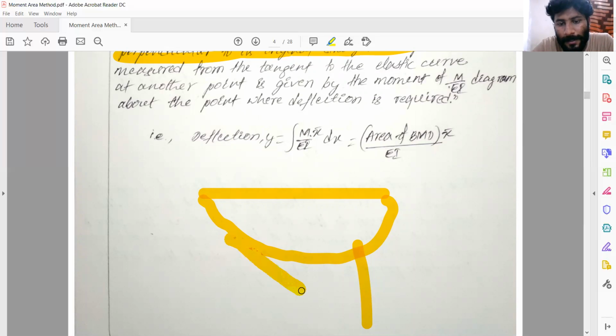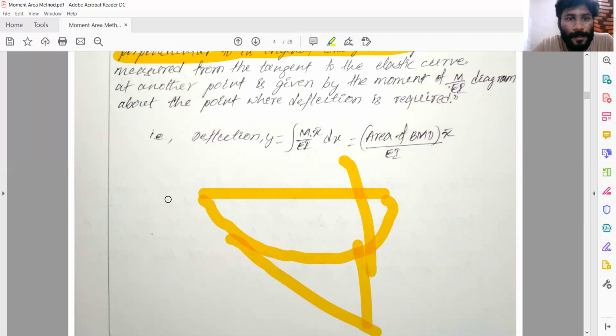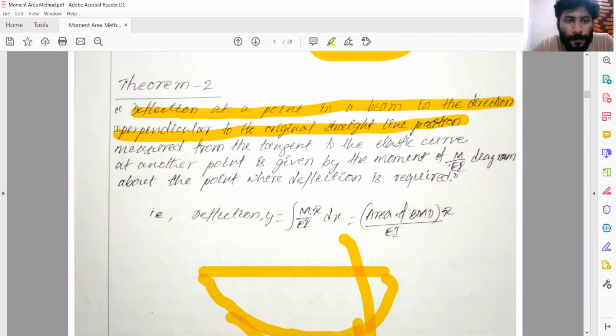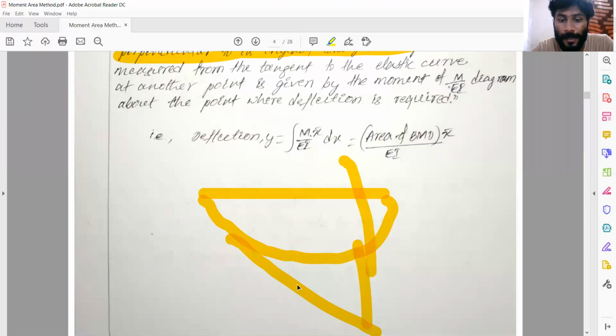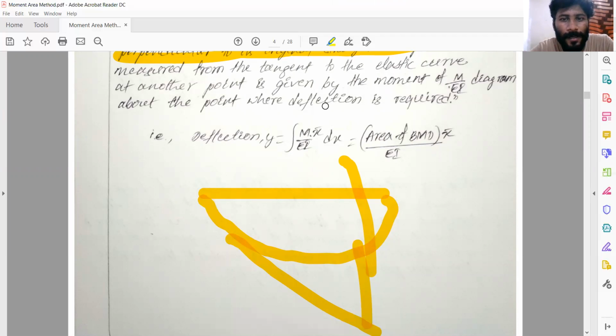So tangent to the elastic curve, right? Now the moment of this M by EI diagram is taken about this line. That's called theorem 2. The deflection at a point in a beam, in the direction perpendicular to its original straight line portion, measured from the tangent to the elastic curve at another point, is given by the moment of the M by EI diagram about the point where deflection is required.